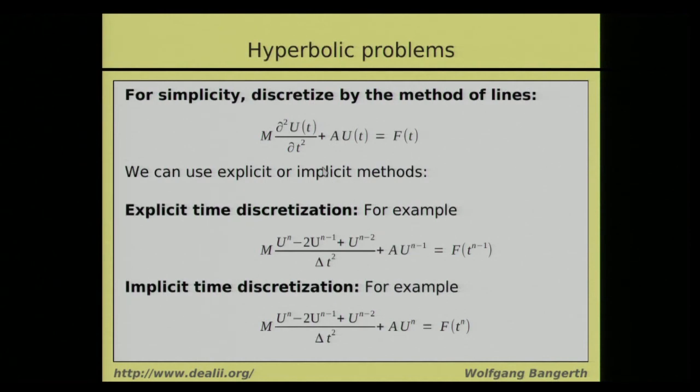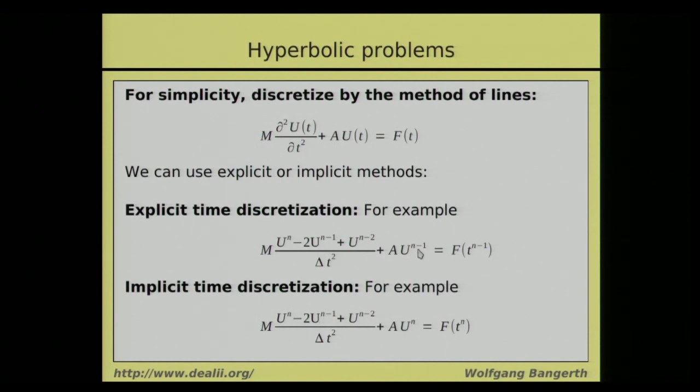The second derivatives here, I discretize by the second order finite difference in time. Okay, so that gives me (u_n minus 2 u_{n-1} plus u_{n-2}) divided by delta t squared. You can get this by taking the time derivative of the time derivative and just using a central difference quotient for these. So that's the same for the explicit and for the implicit method.